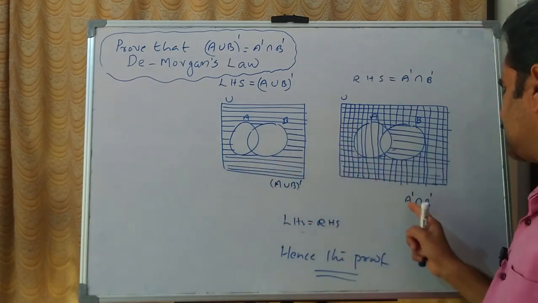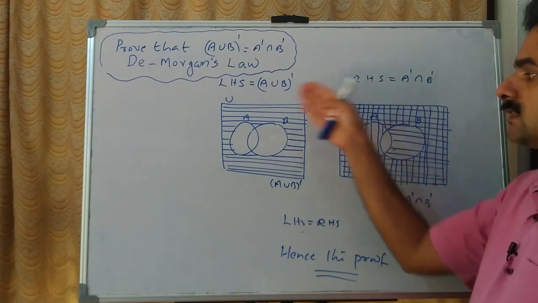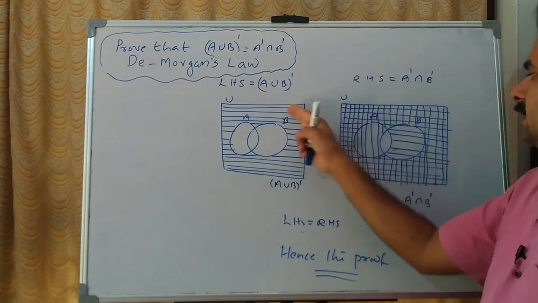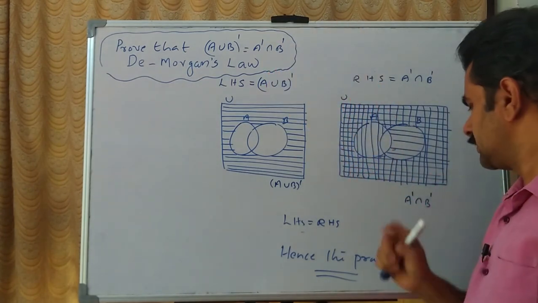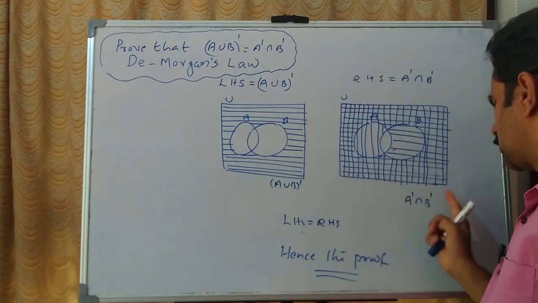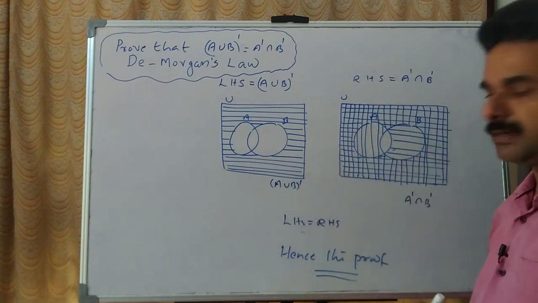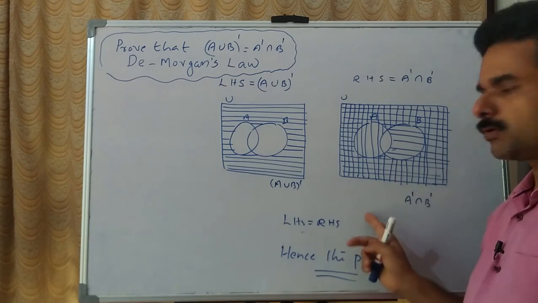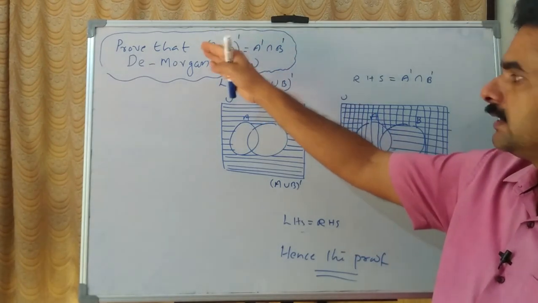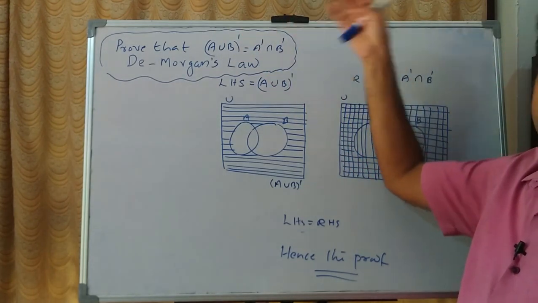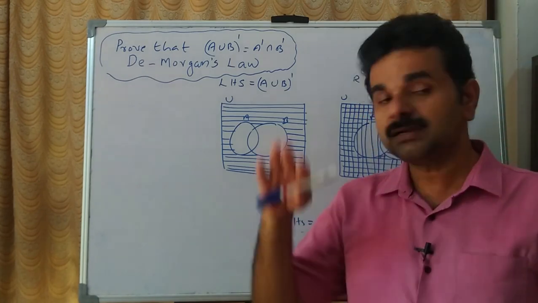That is A complement intersection B complement. So the region for both figures is the same. Therefore, A complement intersection B complement is equal to A union B whole complement, and hence we proved this concept. This concept was developed by the mathematician De Morgan, and therefore this law is called De Morgan's law, which is to be learned by heart.